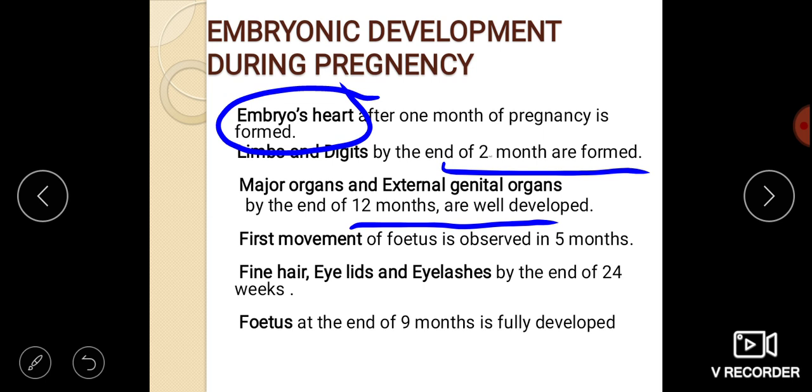First movement of the fetus normally occurs at 5 months. Fine hair, eyelids, eyelashes are formed by the end of 24 weeks. And now the fetus is ready to be delivered from the body. It is completely developed at the end of 9 months.